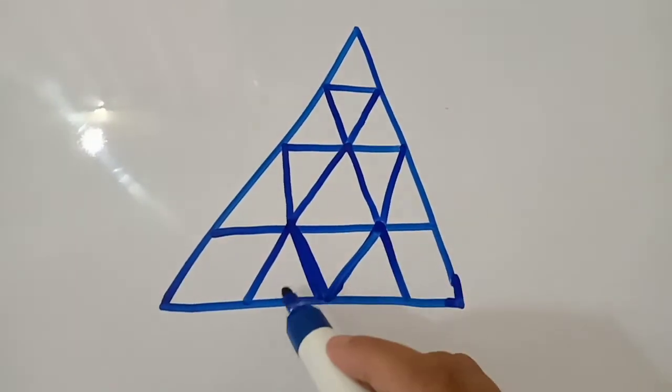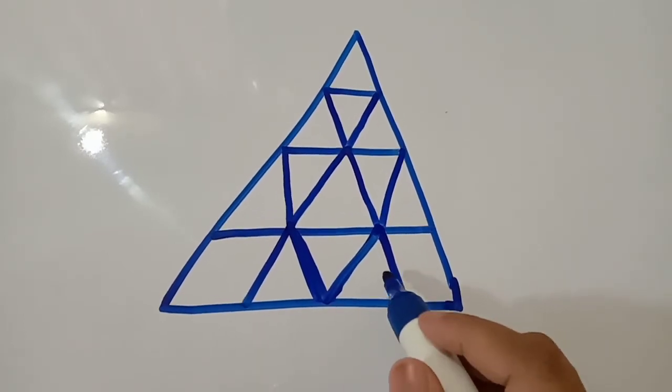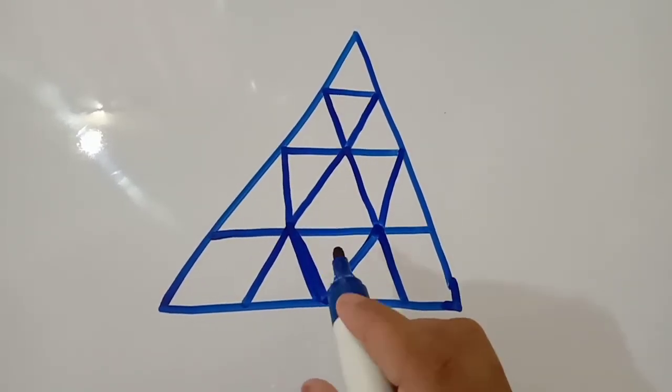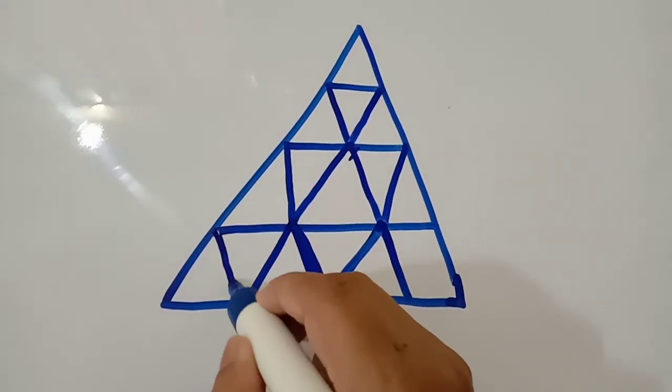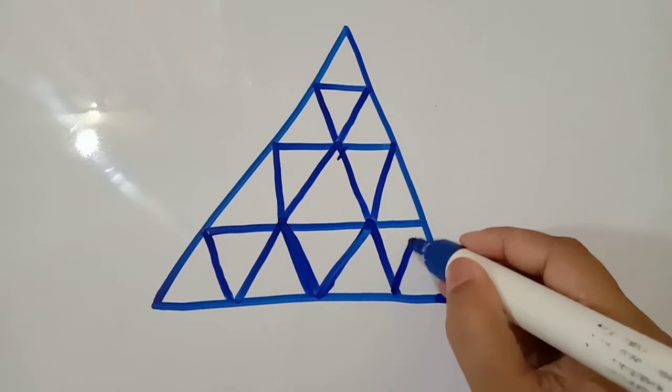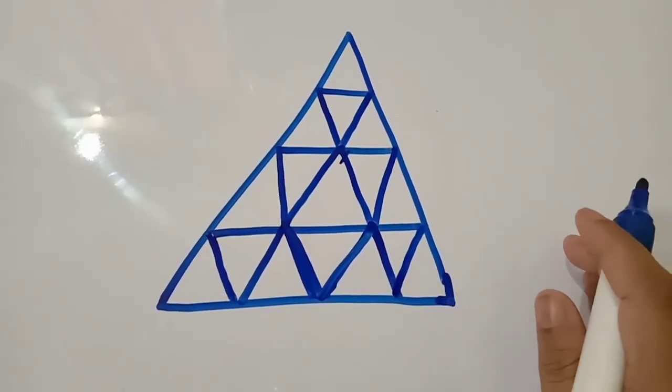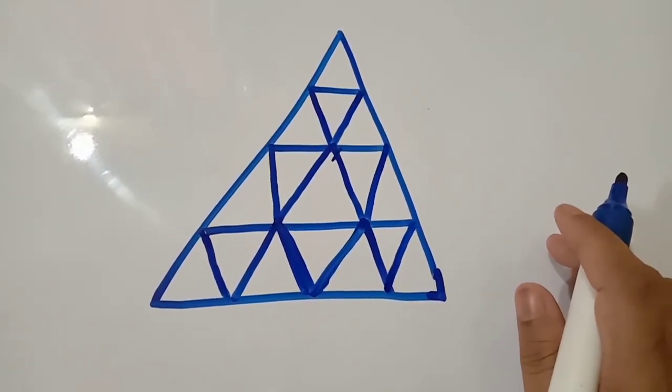Then we have 13, 14, 15. Now this whole thing became 16. From here 17, 18, 19, 20. So we got right now 20 triangles.